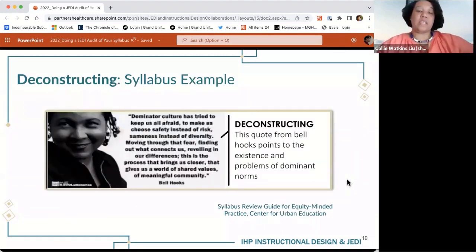So in deconstructing, we already talked about the power inequities that are just built inside of higher education and all of these fields in society. So it's actually powerful to acknowledge those and build that into our syllabus. So for example, in this syllabus, they had this quote from bell hooks that's really existing, talking about the problems of dominant norms.